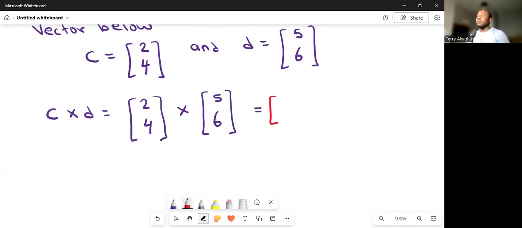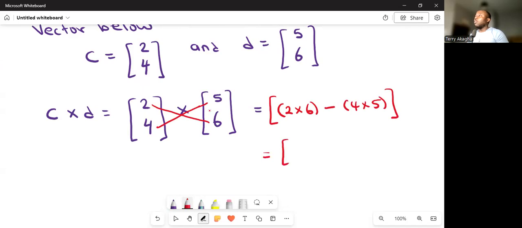So it's going to be 2 times 6 minus 4 times 5. And this is going to be equal to 12 minus 20. And that will give you minus 8. All right, so that will give you minus 8, right?